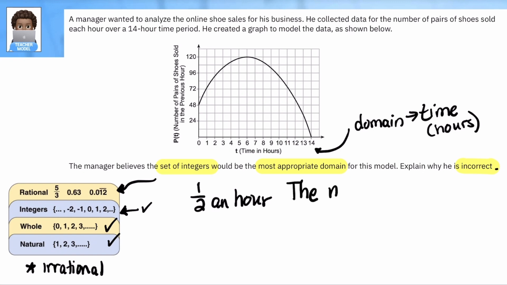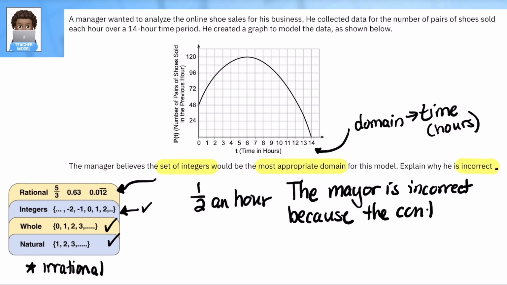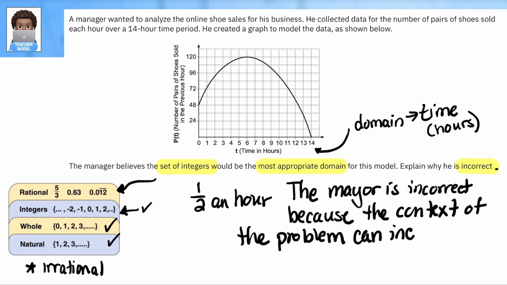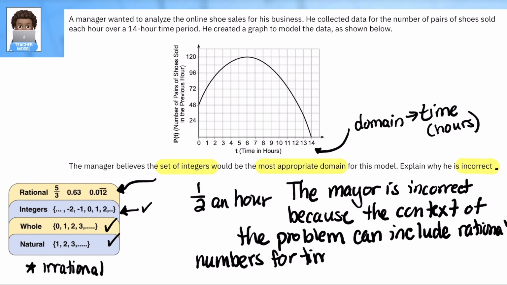The manager is incorrect, because the context of the problem can include rational numbers for time.